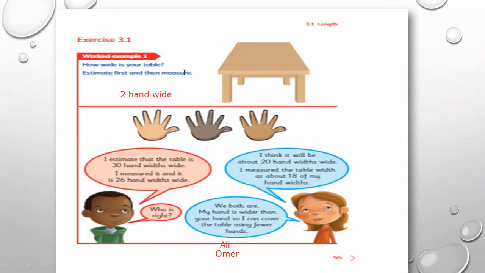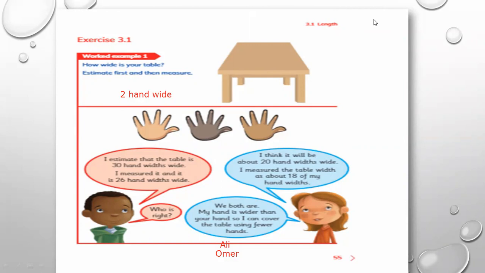This is the activity that we have done in the class. We can also measure using the ruler. If you have a long ruler, you can easily measure things in centimeters and meters. When we measure things with the help of a ruler, we start with the 0. The ruler begins at the edge, but we don't measure from the edge.